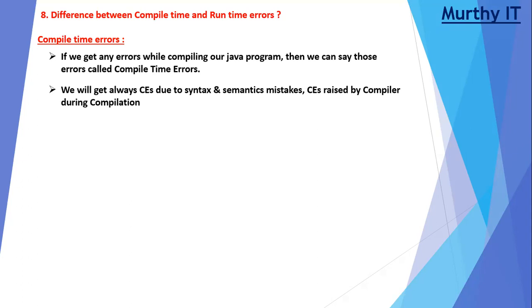Semantic mistakes: any word you write in the program has a meaning, but that word is not defined in the JVM and compiler. For example, in the main method, String must be written with a capital S. Capital String has its own definition in the JVM; it is a predefined class.